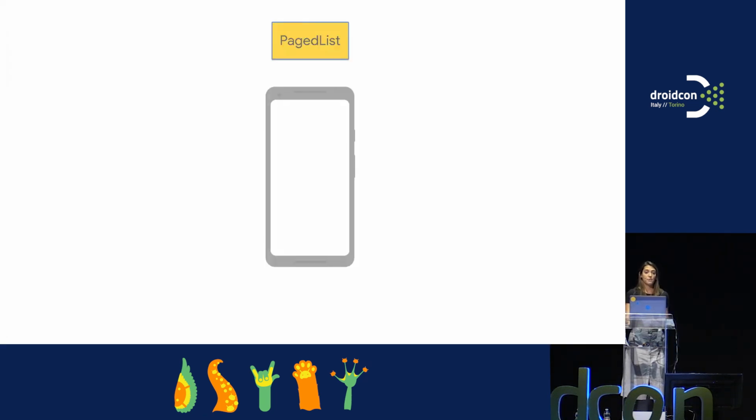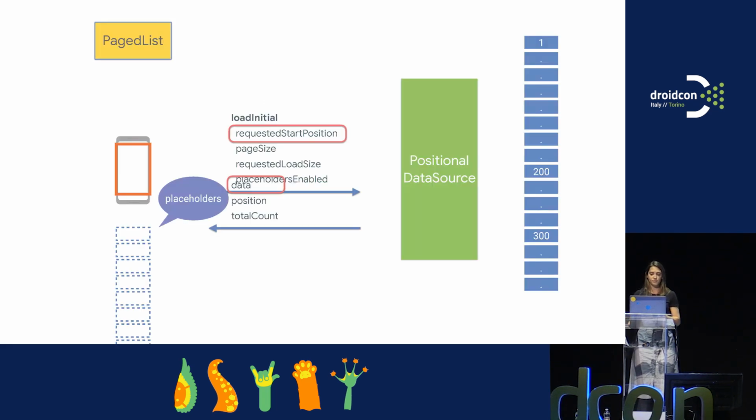OK, let's see what will happen with our page list. So we would work with a positional data source. Let's say that the list that we have there is the entire list that we have in the database. Initially, what we're doing is we're calling load initial, where we need to pass what is the start position. Probably in our case, because it's the first time we're displaying this, it would be 0.